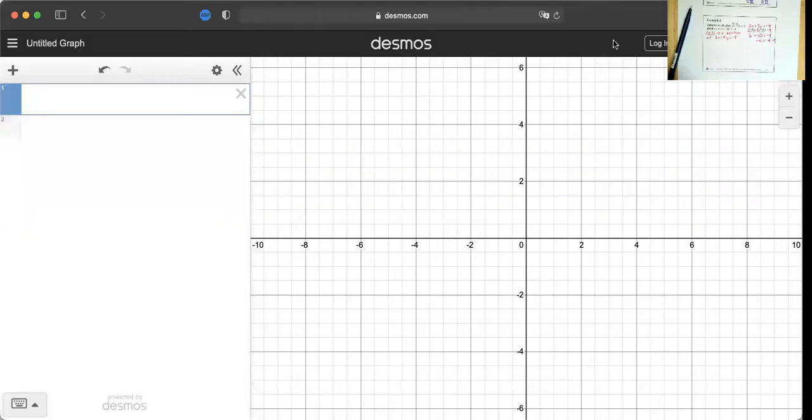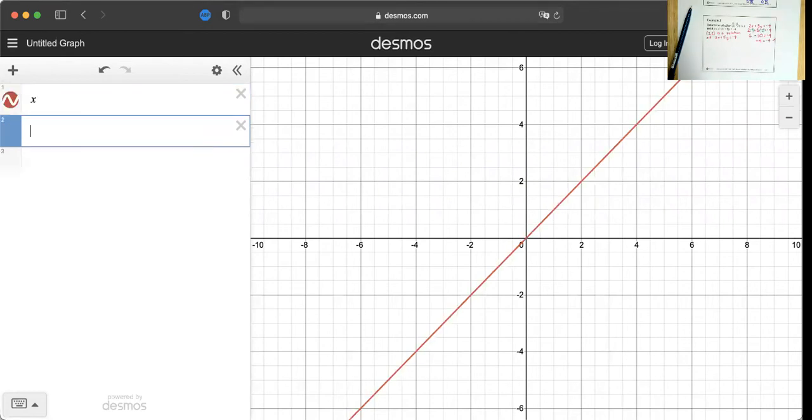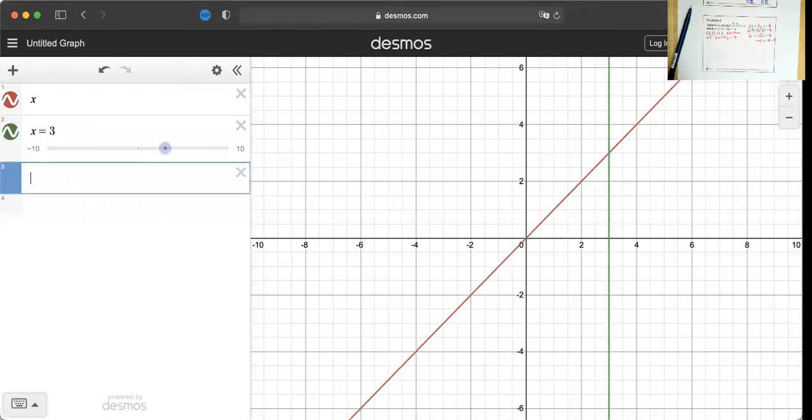You can also use Desmos just to explore graphing on a plane. What is x? Ooh, if you just want to graph x, that's what the graph of x looks like. If you want to graph x equals 3, that's what x equals 3 looks like.